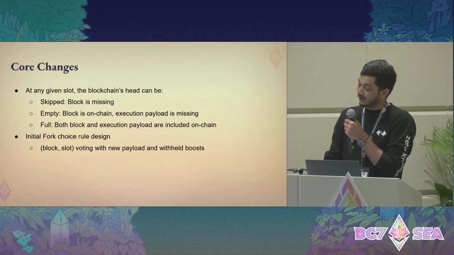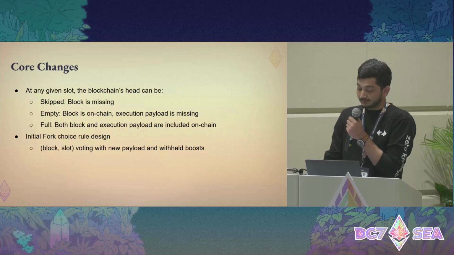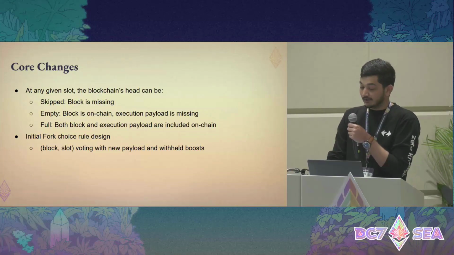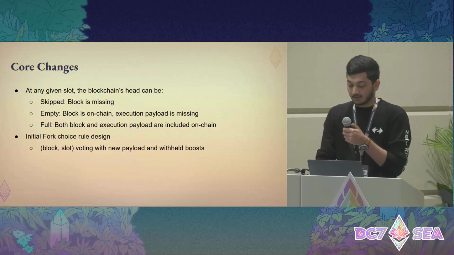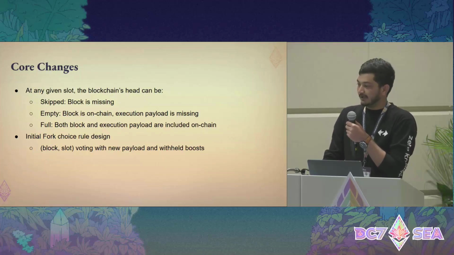In the second case, it would be an empty block, if the proposer submits a block in the current slot but the builder did not reveal any payload on time. And in the third case, it would be a full block, when both proposer and builder reveal the block on time.